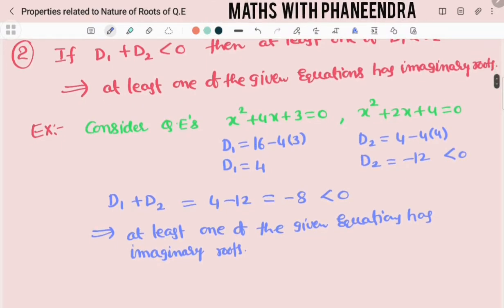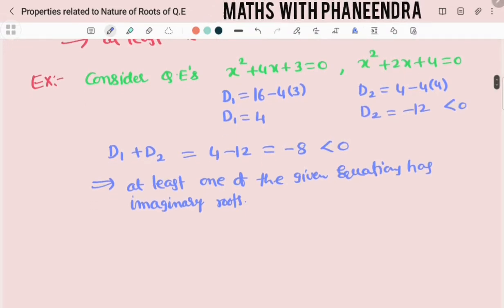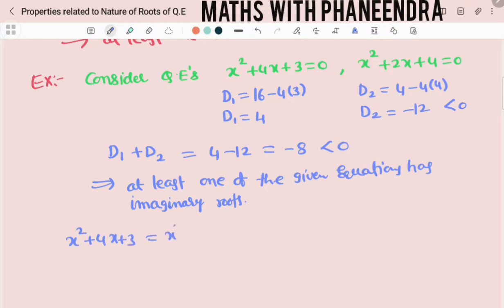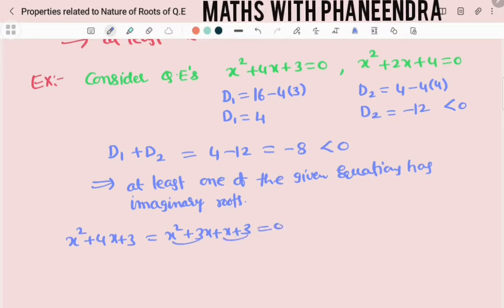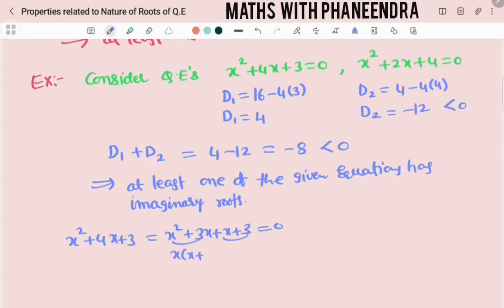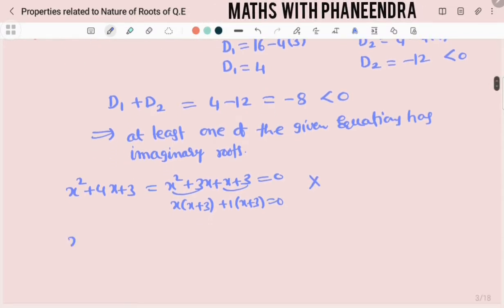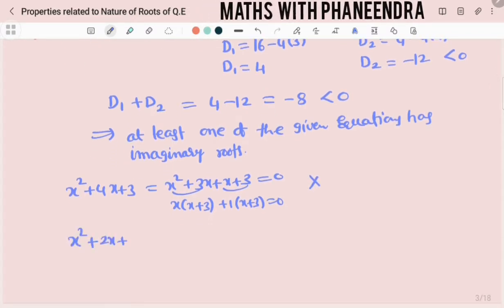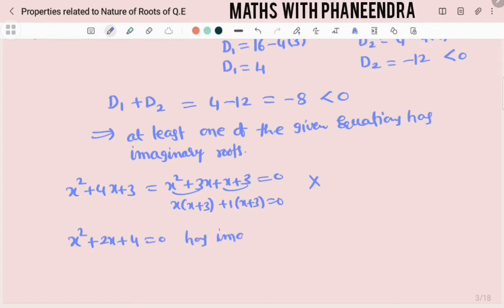Which equation has imaginary roots we can find by observation. x square plus 4x plus 3, we can write as x square plus 3x plus x plus 3, so it doesn't have imaginary roots.